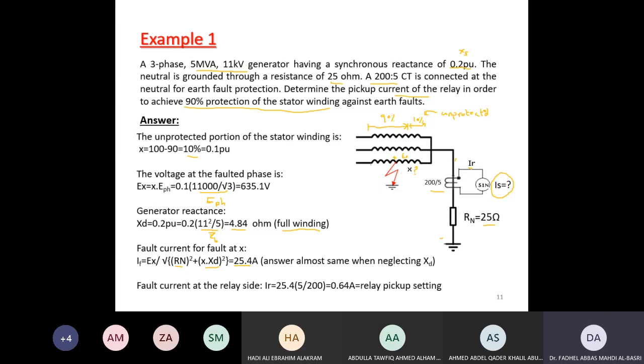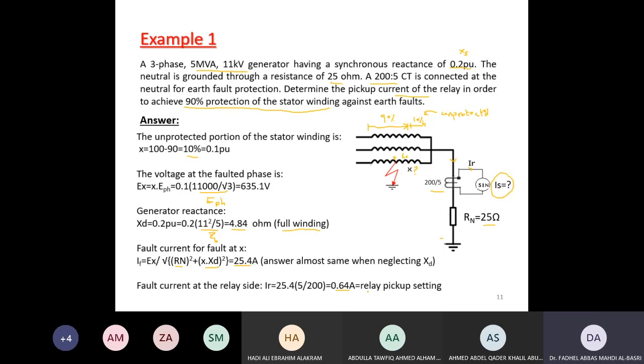The relay side current is equal to that fault current divided by the CT ratio. So 25 divided by the CT ratio of 40, I get 0.64 ampere.